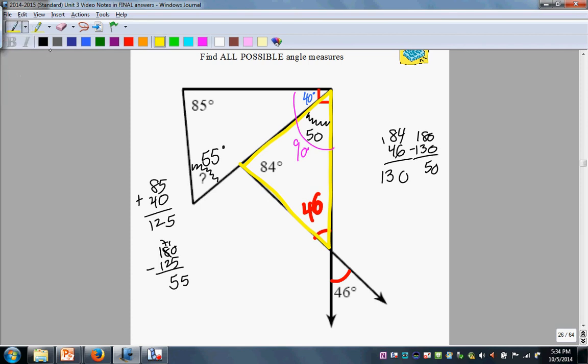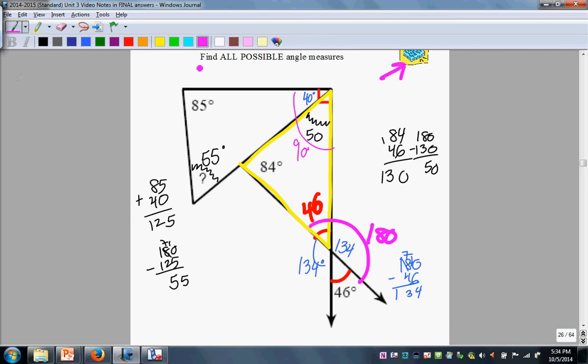You think you're done, but careful, watch out for these exterior angles there. That's 180. So we're going to do 180 minus 46, and we get 134 here and 134 there. You think you're done? Watch out.